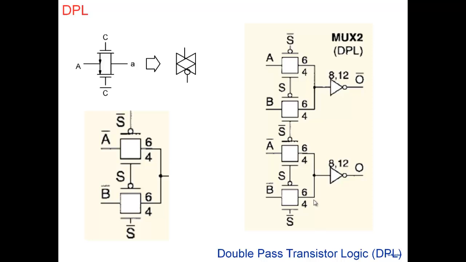Because it's not just what we were seeing earlier, which was the pass transistor logic. We not only have this, but we have built a complementary part here also. Why? Because we'll require it anyway. Everywhere we'll require O, we'll require O bar also. So we built this also. And we've added the inverter also, so that it becomes easier to cascade.